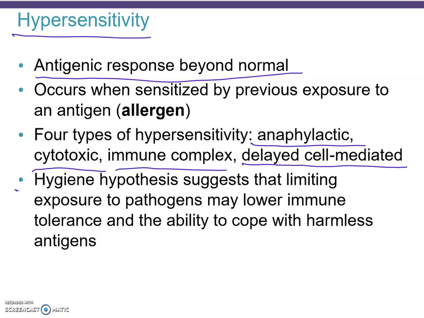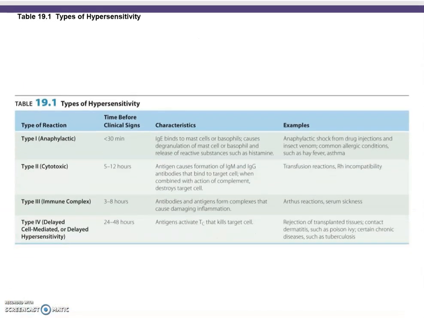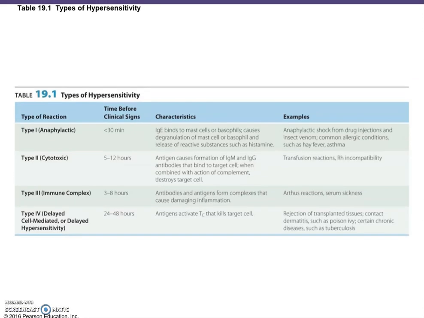So there were studies of kids growing up in these farm settings with exposure to lots of antigens, and they ended up having stronger immune systems and fewer allergic problems as opposed to kids that were growing up in these very clean, sanitized kind of environments. But anyway, let's move on with the types of hypersensitivities.